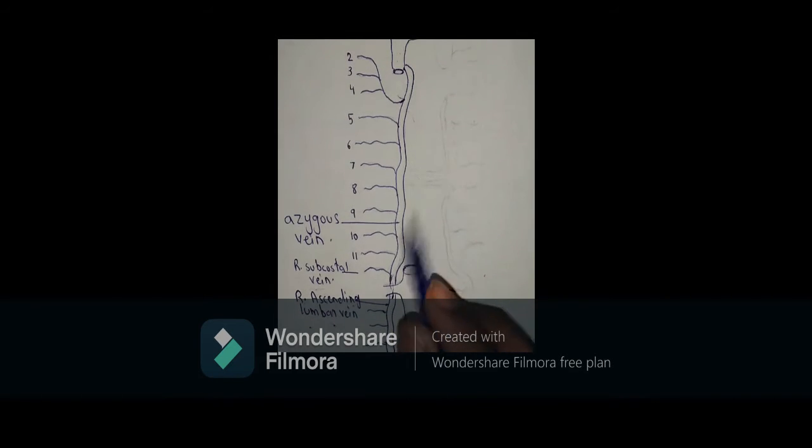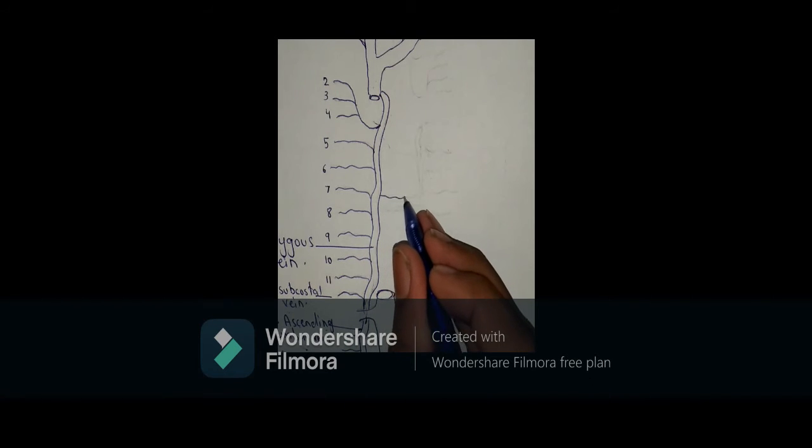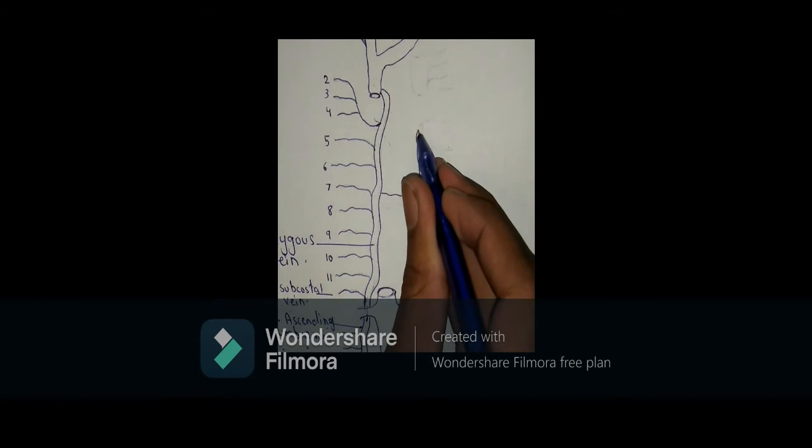Now at the level of the T8 vertebra right here, two branches are going to arise from the azygous vein.